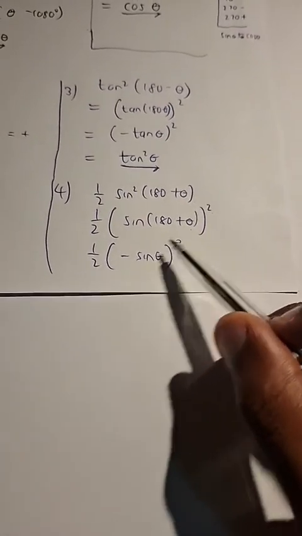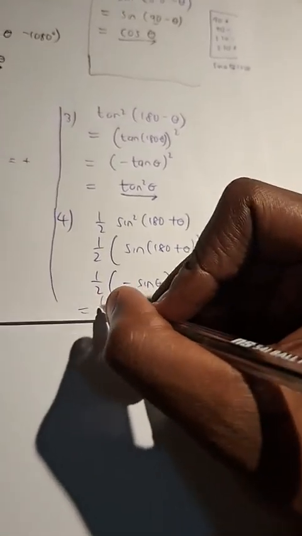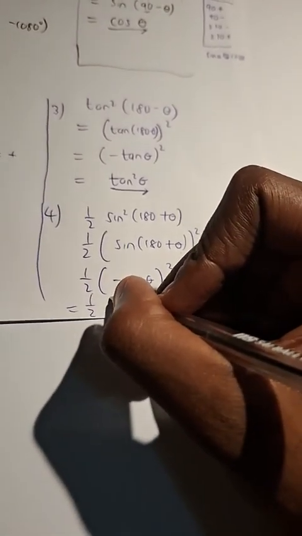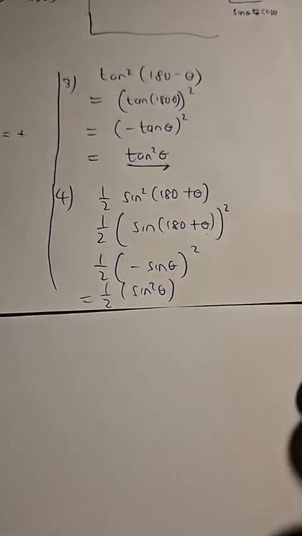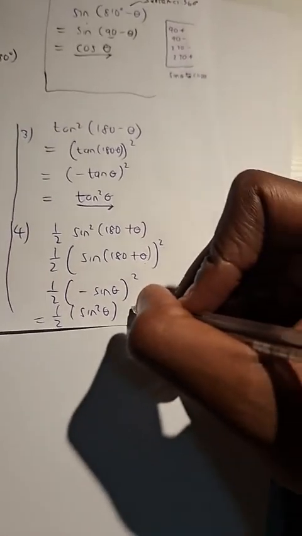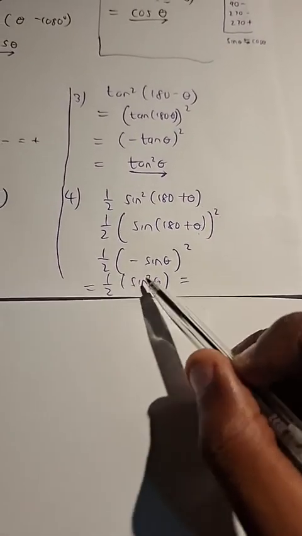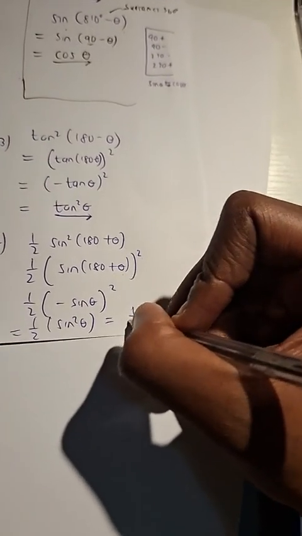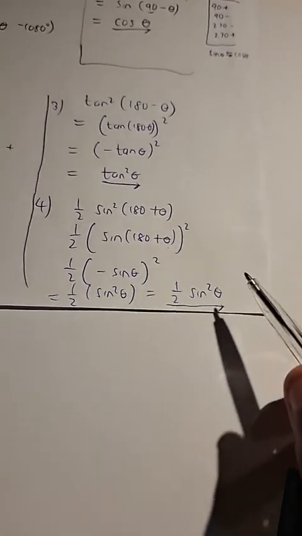Then of course we apply the square after evaluating the trig ratio. The answer that we get is what? Half, obviously, pleading to come back, but never being allowed admission until the square is applied. Now the half can be multiplied to the sine squared theta.